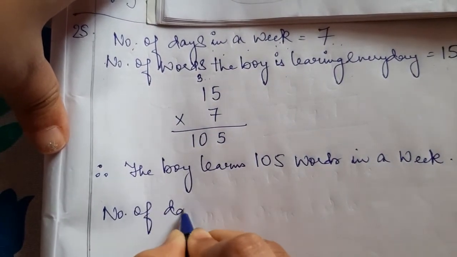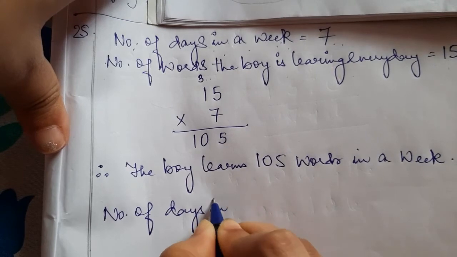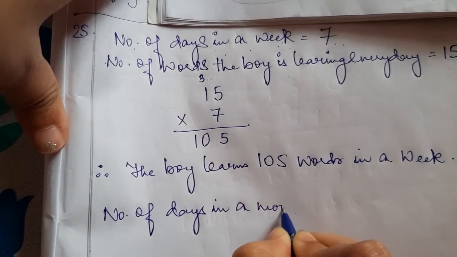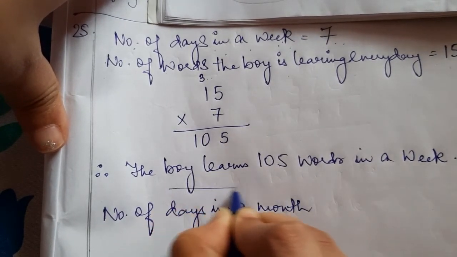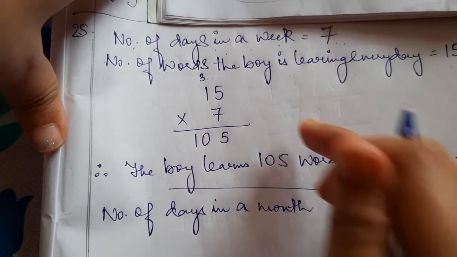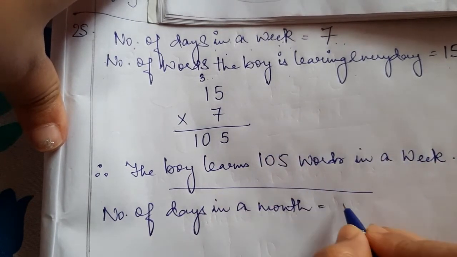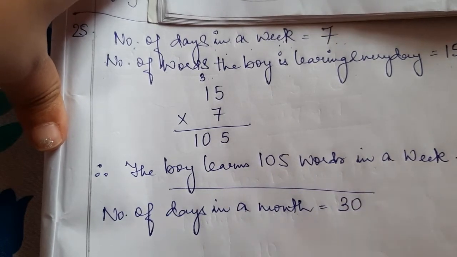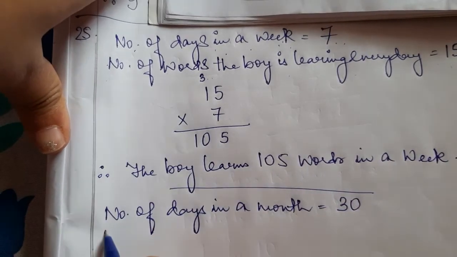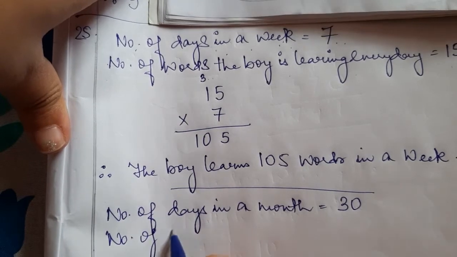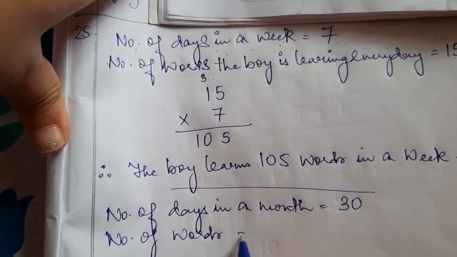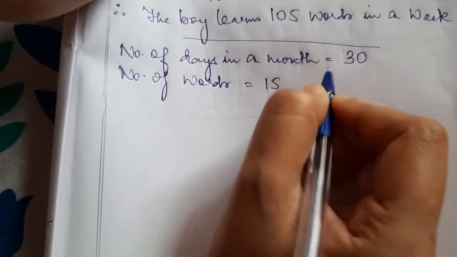Number of days in a month. I'm putting a line here, so to differentiate the questions. Okay, number of days in a month is equal to, let's take 30. Number of words is equal to 15.